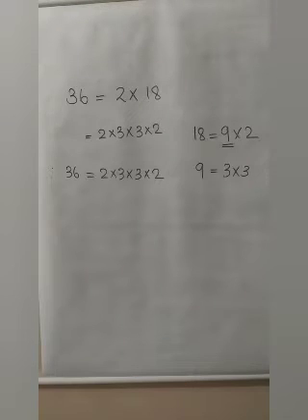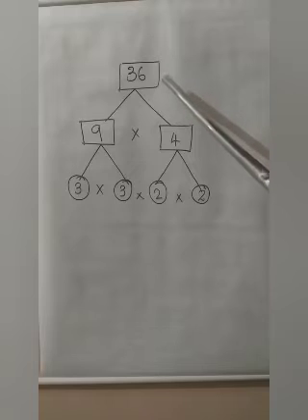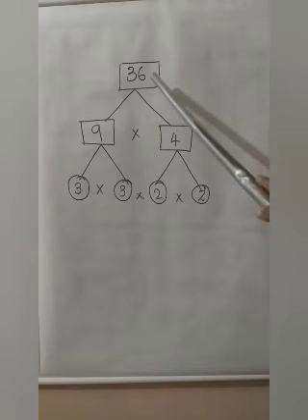Now, this prime factorization we can perform in two different ways. One is the factor tree and the other is the long division method. We can look through examples. See here, I said for factorizing we can take any two pairs, isn't it? Here I am factorizing by another method. The number to be factorized is 36. So I took two factors of 36.